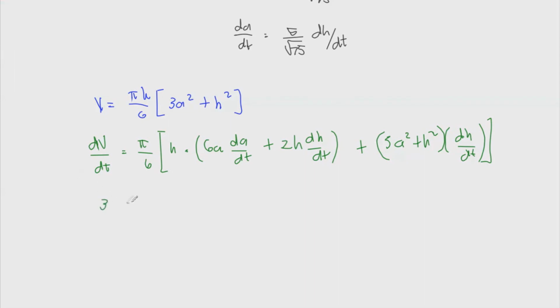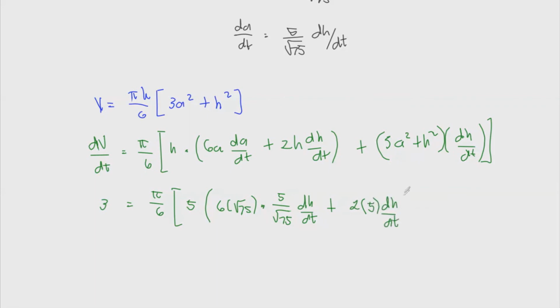So this is 3, and then we have pi over 6, and h is 5, and a is actually equal to square root of 75, so that's square root of 75, times 5 over square root of 75 times dH over dt, plus 2 times 5 times dH over dt, and then plus we have 3a squared, so that's 3 times 75 since it's square root of 75, plus 5 squared, times dH over dt. Okay, and we close that with the bracket.